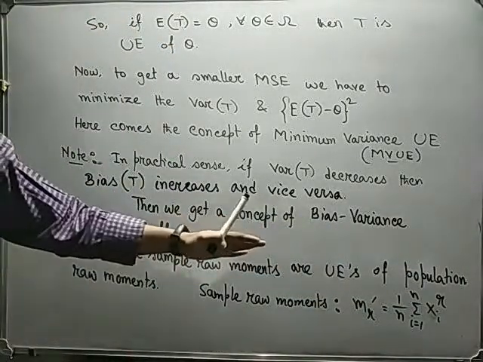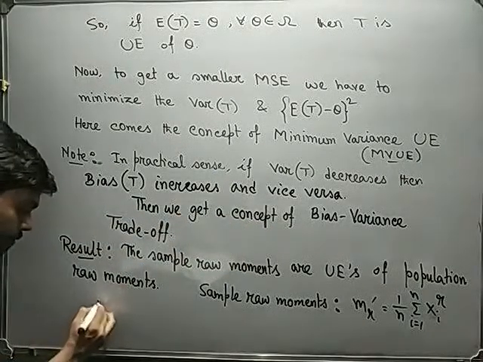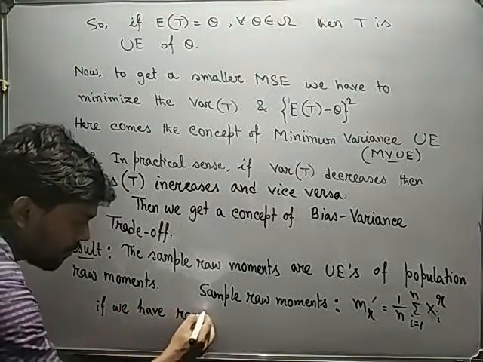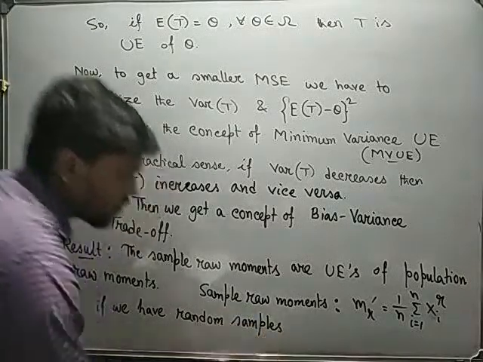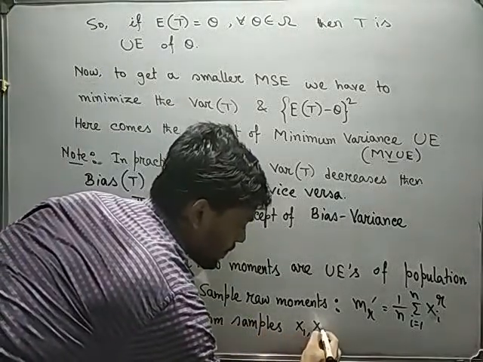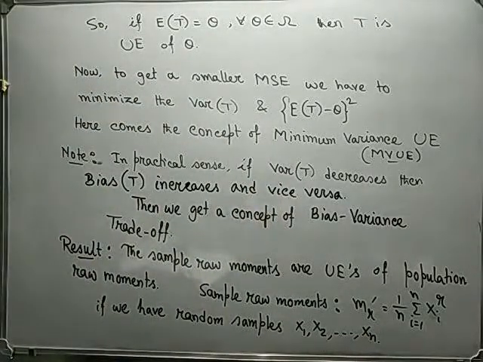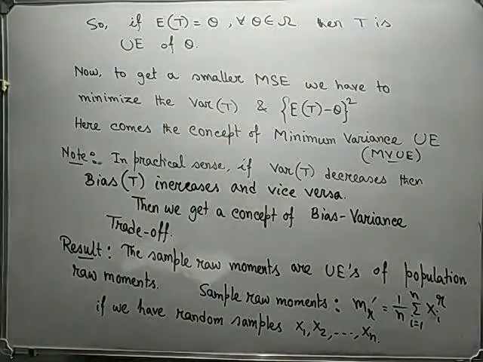Let's say we have a random sample capital X1, X2, Xn. Now what will be the population raw moments?